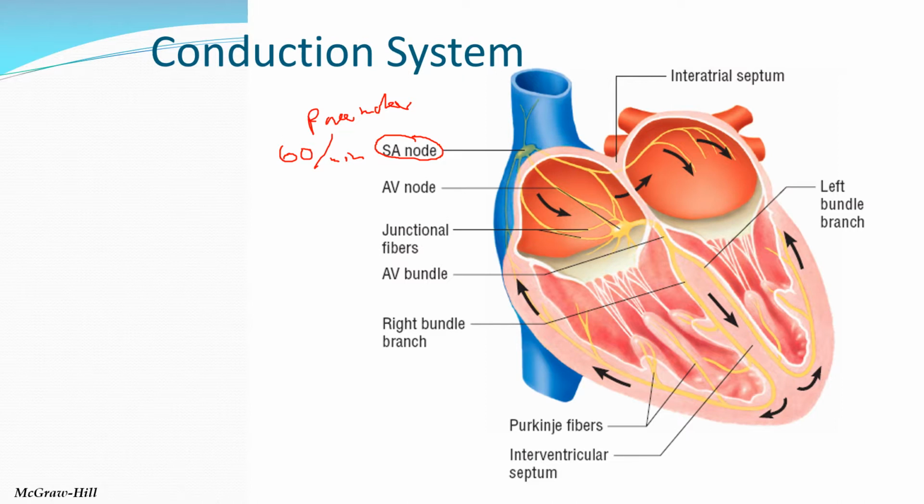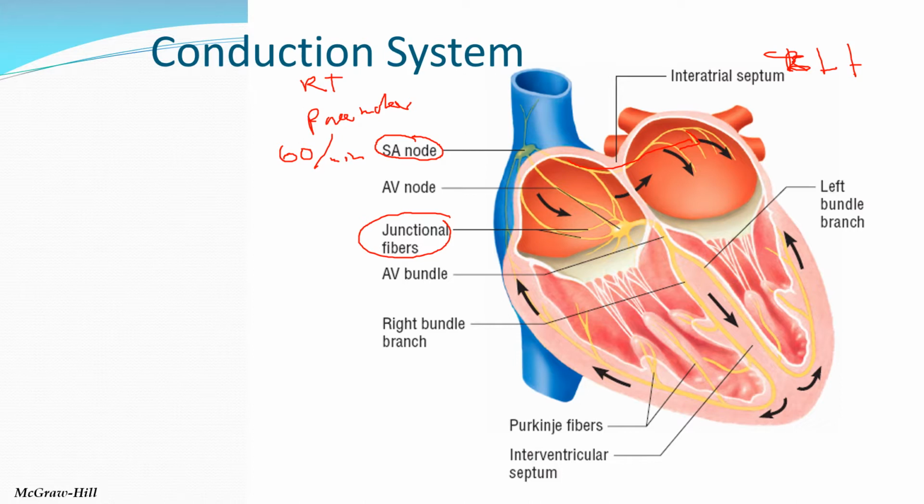So the SA node will stimulate spontaneously an electrical signal. The atriums need to contract at the same time. So the electrical signal will extend from the right side to the left atrium. Right, so that's what these are, the junctional fibers.